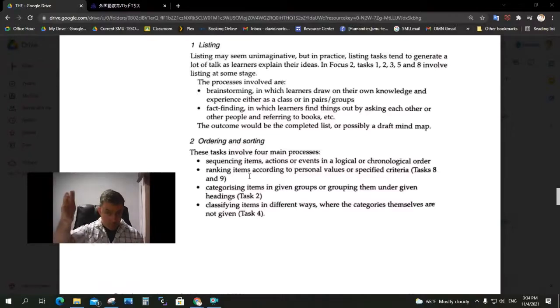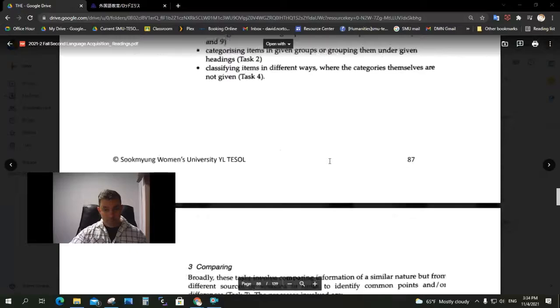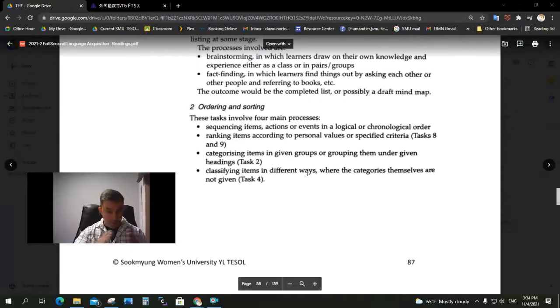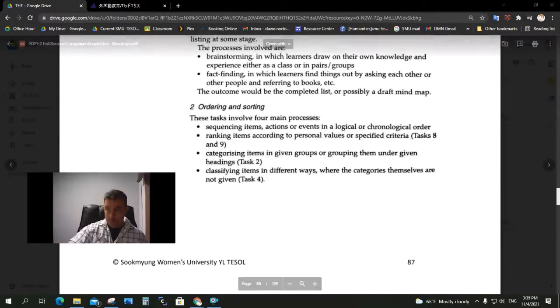Or personal preferences. You could say, all right, let's order these 5 restaurants in the Sukdae Chongpadong area, most delicious to least delicious. Okay? And your outcome then would be the completed order, or everything sorted into the right categories.